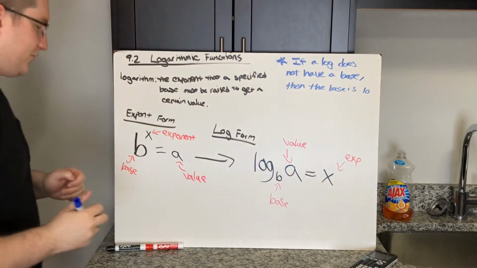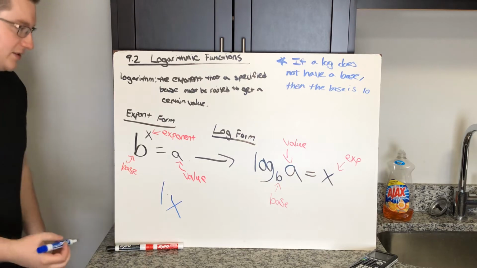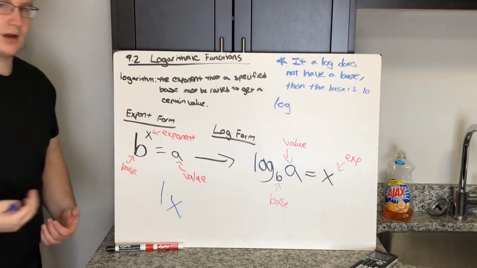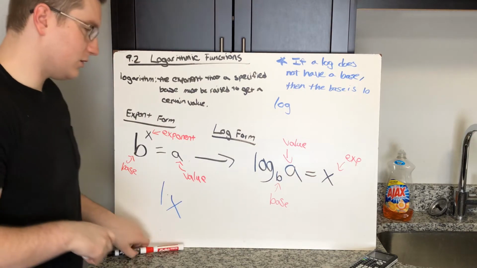Kind of like if you just have x, technically this is 1x. If I just have log, technically this is log base 10, unless specified otherwise.